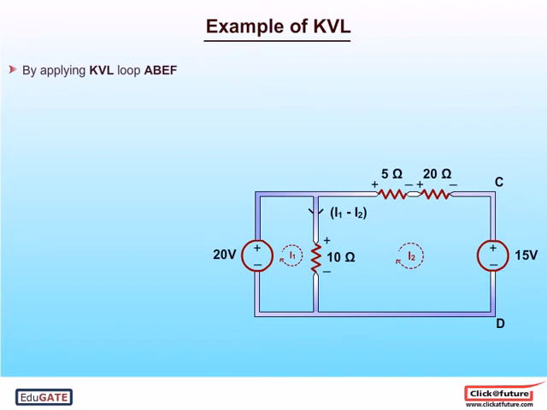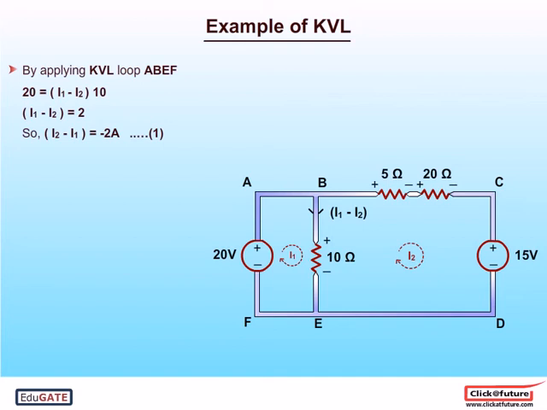Now by applying KVL in loop ABEF, we get the equation 20 is equal to, in round brackets, I1 minus I2 multiplied by R1. Thus, in round brackets, I1 minus I2 is equal to 2 ampere. We can write this equation as I2 minus I1 is equal to minus 2, naming the equation as 1.